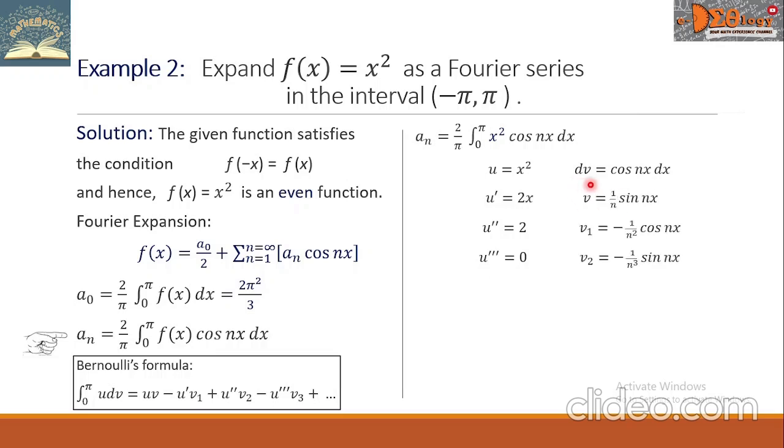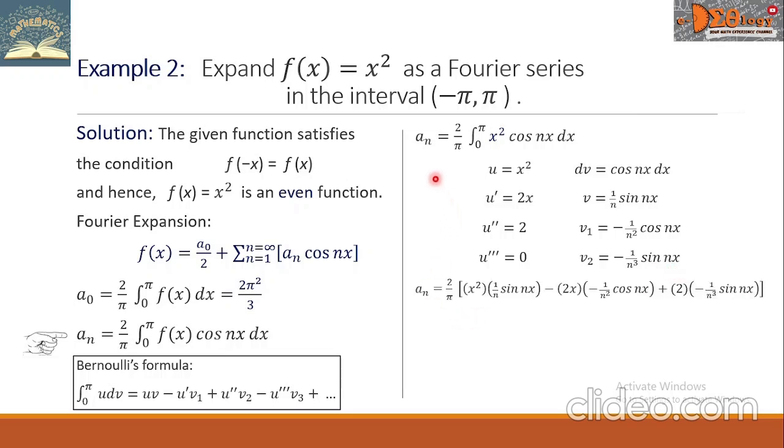The integral of dv is v equals integral of cosine nx dx is 1 over n times sine nx. The integral of v is v sub 1, and this is equal to minus 1 over n squared times cosine nx. The integral of v sub 1 is v sub 2 equals negative 1 over n cubed times sine nx.